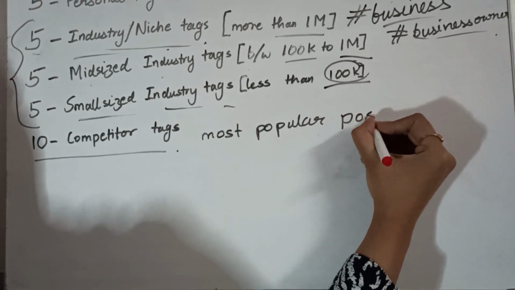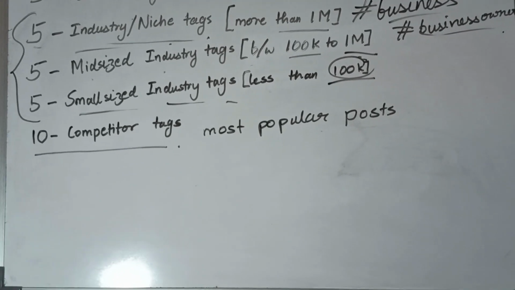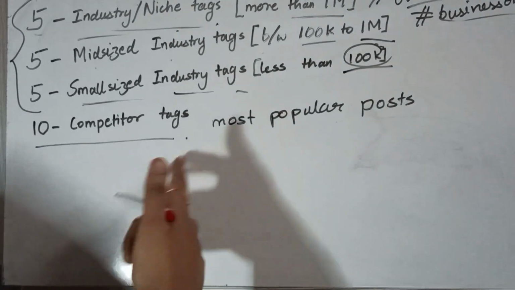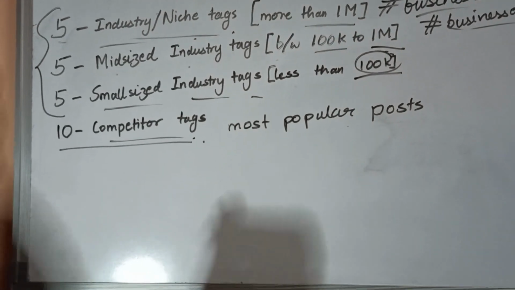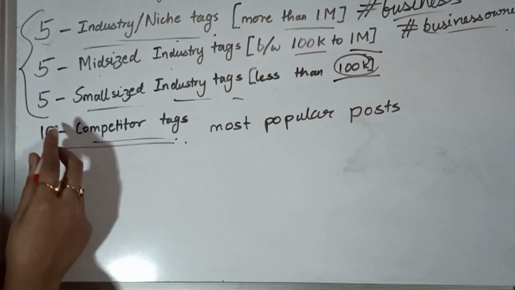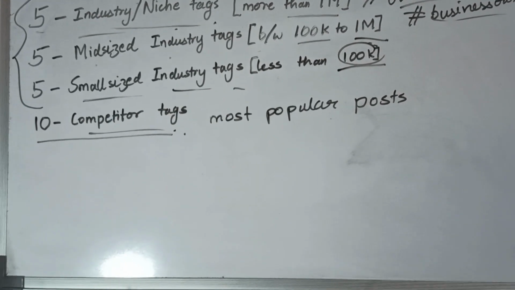You can go to those posts and see what hashtags they are using. All those hashtags which they are using are your competitor tags. You can use all of those tags also. So take out 10 tags from there, which is actually very helpful for you. Now I'll take you to my phone screen and explain how to do the hashtag research.